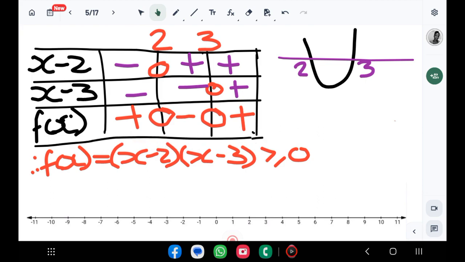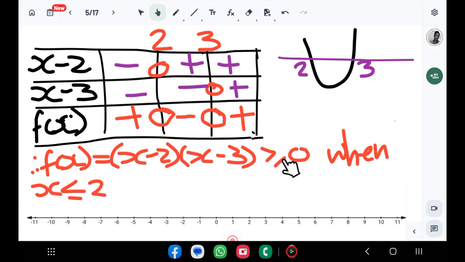So therefore, it is greater than or equal to 0 when x is less than or equal to 2. Why do we include a 2? Because that's where the 0 part is satisfied. It's equal to 0 there. That's why it is included.